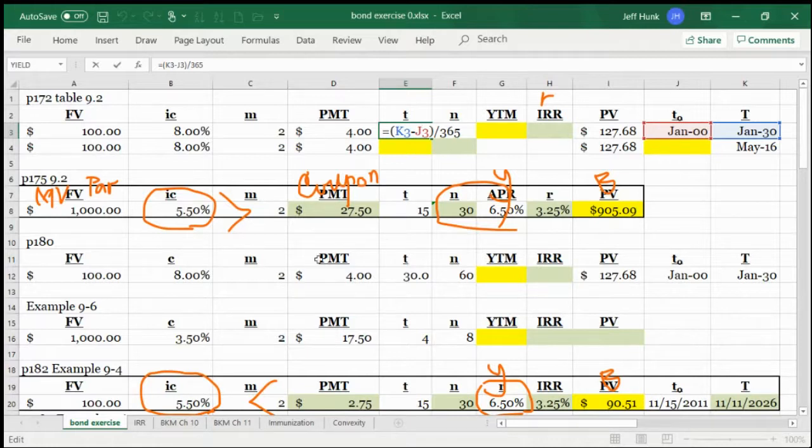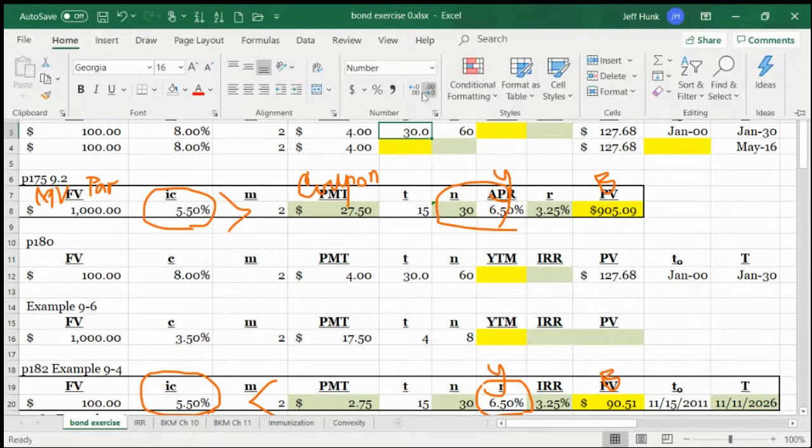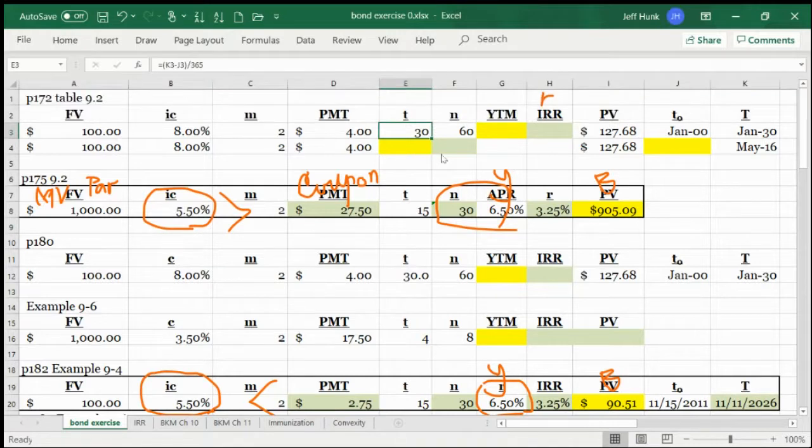I didn't mean to do this, but to explain why we are dividing by 365. Okay, and I don't need two decimals there. So actual number of compounding, or actual number of coupons, will be 60, which will be 2 times 30, right? Okay.